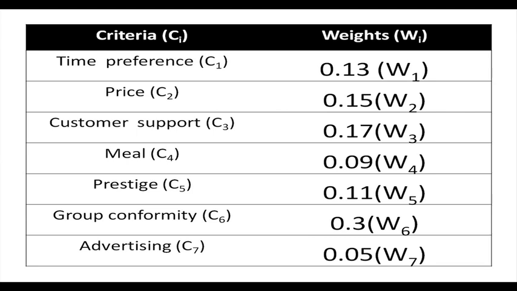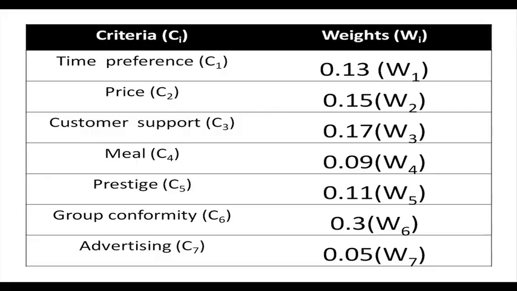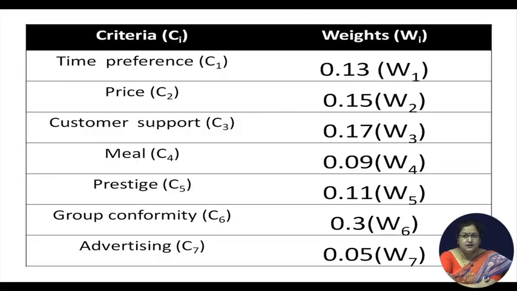Now he has been asked to put the weightages, where the total should be a constant sum, that is sigma of Wi should be equal to 1. He has given the weights: time preference is 13% important to him, price is 15%, customer support 0.17, meal 0.09, prestige 0.11, group conformity 0.3, advertisement 0.05.